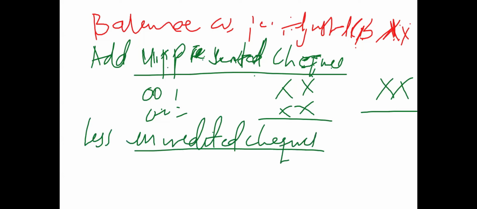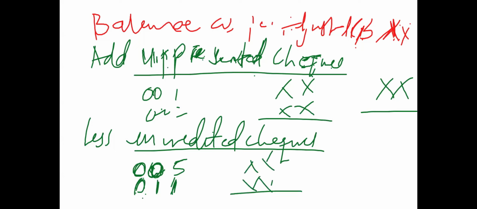uncredited checks. We can also have more than one. Can have 0, maybe 00, 0010, 005, 011, their figures are there, their figures are there.